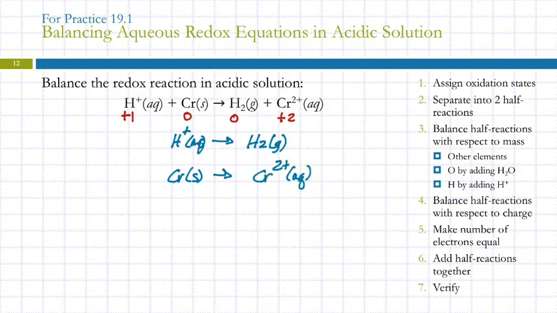And you can save yourself some trouble later by leaving a little bit of space here in case you need to put a coefficient in there. Are these balanced with respect to mass? The chromium one's fine. The hydrogen one isn't. Here I've got 1 hydrogen ion and 2 hydrogen atoms in a molecule. So I need to put a 2 in front of my H+.